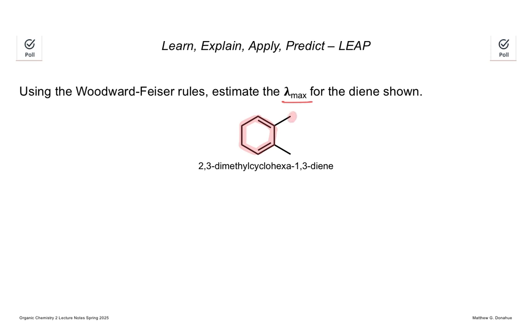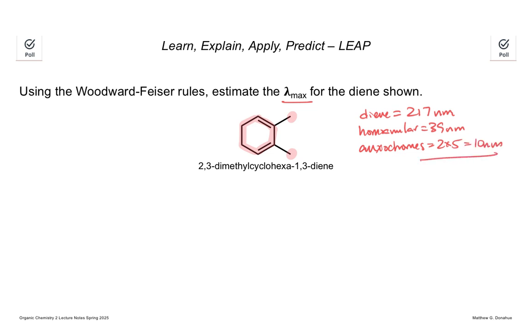And then we have 1, 2 auxochromes. So I'll say diene equals 217, homoannular equals 39, auxochromes 2 times 5, that gets you 10. And then when you add that, you get 266 nanometers.